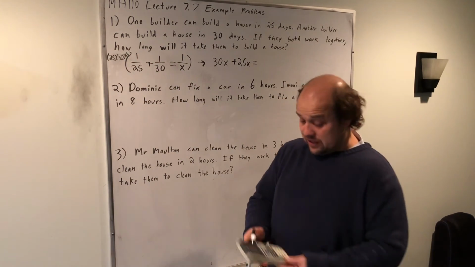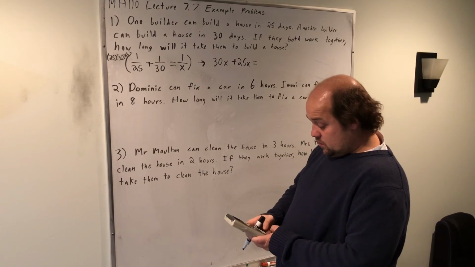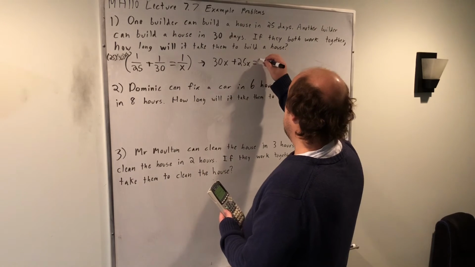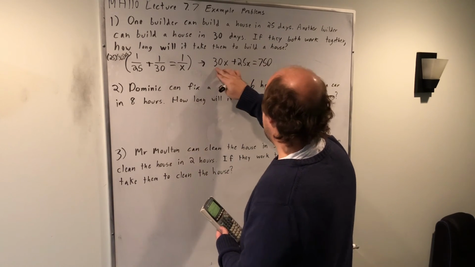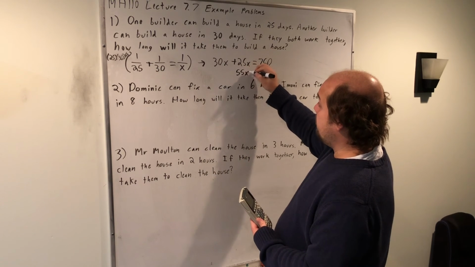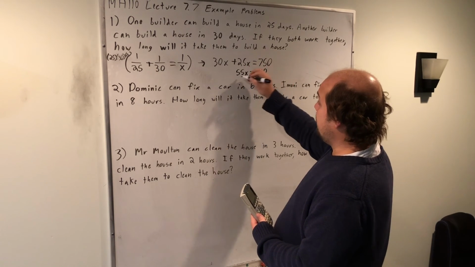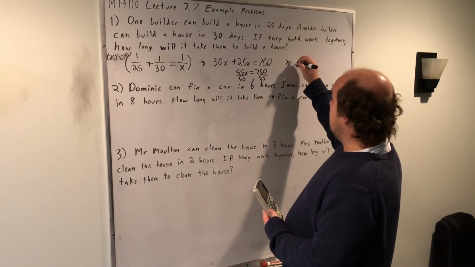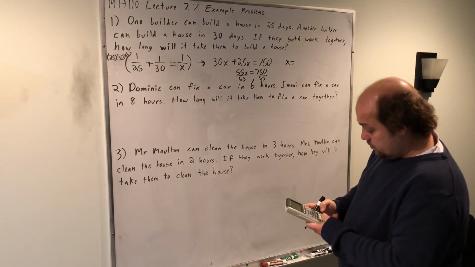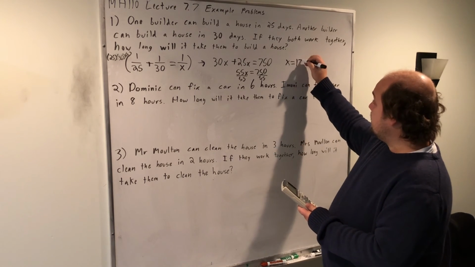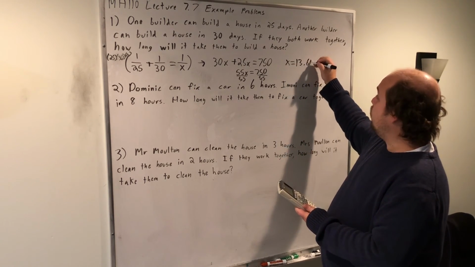Might want to use a calculator for that. If I put it in, 25 times 30 gives me 750. I can now combine 30X and 25X to get a total of 55X, which equals 750. If I divide by what's in front of the X, 55, then I get my answer of X equals 750 divided by 55, which is 13.64.